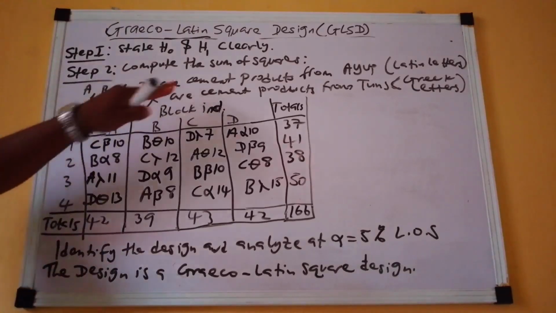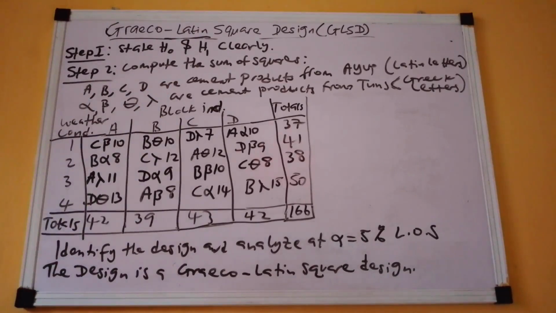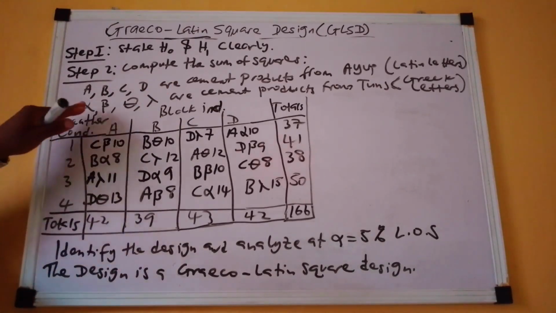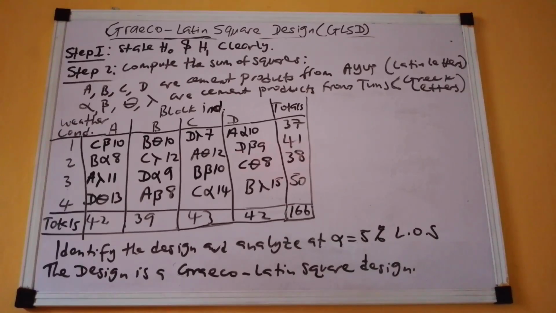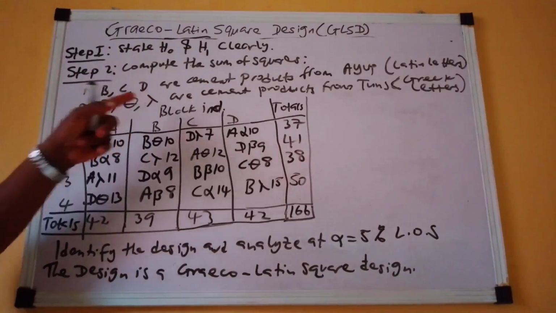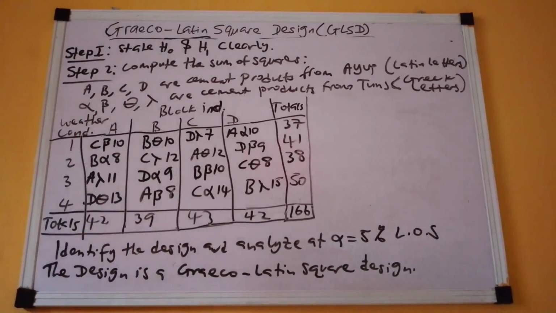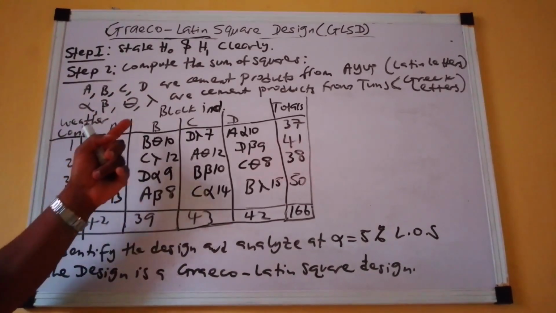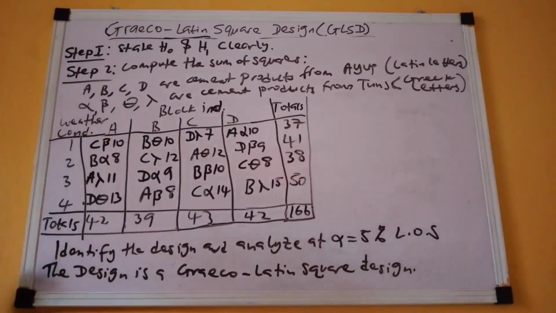So these are the 4 cement products from IU Cement Company. Then the alpha, beta, theta, and lambda are the cement products from the Tones cement factory, and they are now representing the Greek letters. So you can see here that we have 2 treatments, that means the Greek letters and the Latin letters, and we have 2 other sources of variation. The other 2 are the block industries and the weather conditions. So this is a perfect 4x4 Graeco Latin square design.